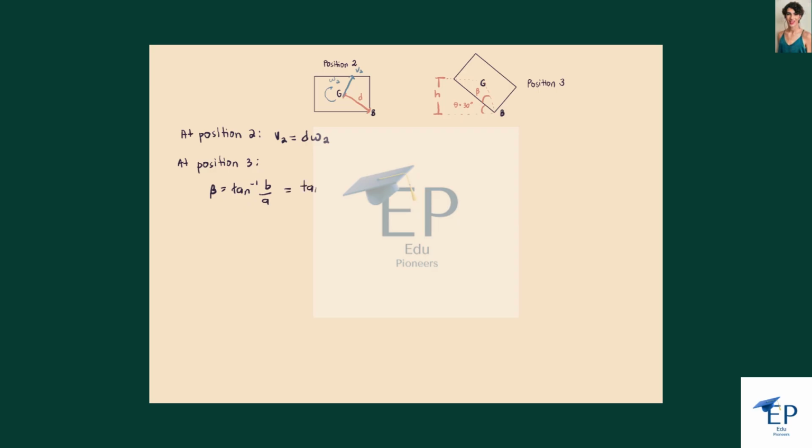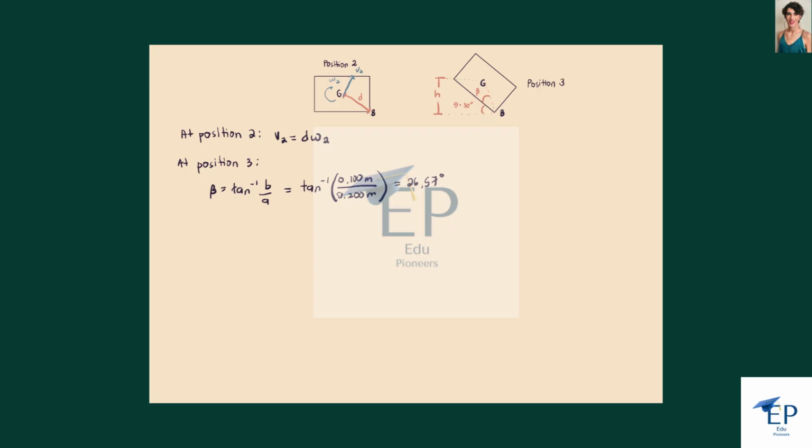That would be arc tangent of 0.100 meter over 0.200 meter. So this will be equal to 26.57 degrees. We'll use that in our calculation later. So beta is equal to 26.57 degrees.